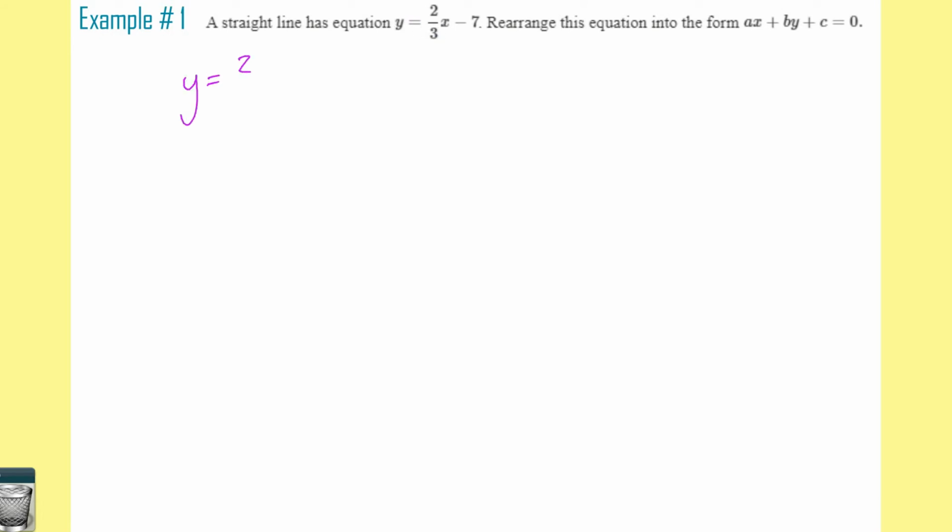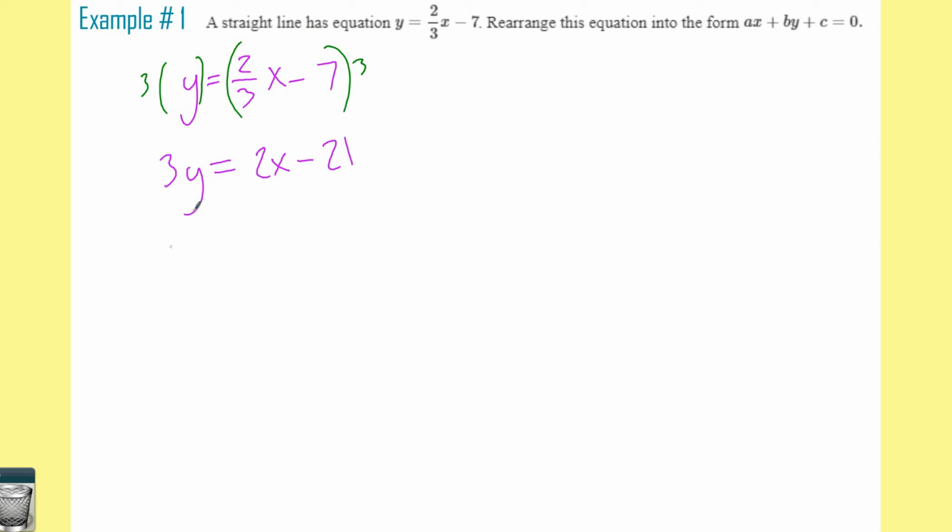So if we've got this, I'm going to multiply each side by that denominator to make that denominator go away. So we get 3y equals 2x minus 21. And now I just move everything over.